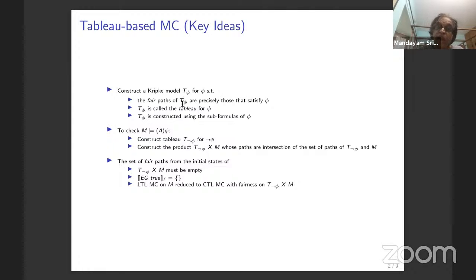The fair paths generated by this transition system are precisely those that satisfy the LTL formula phi. And that T_phi, that Kripke model that we construct, is what is called the tableau for phi.